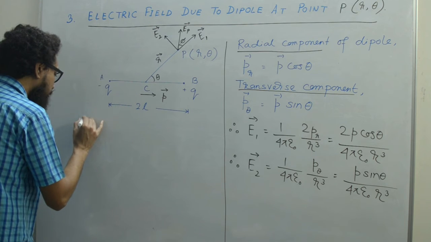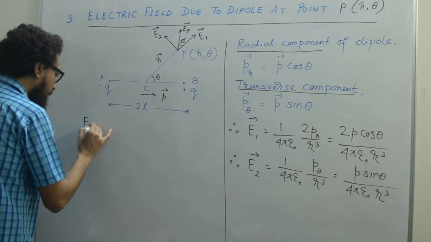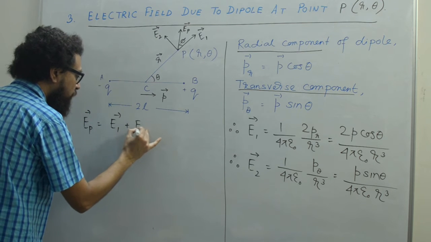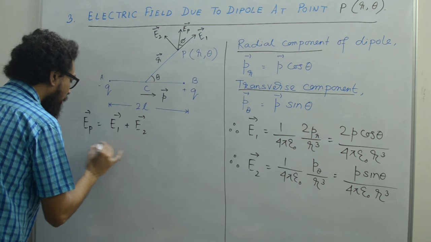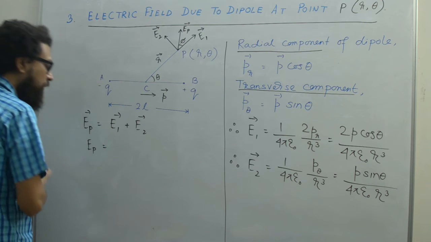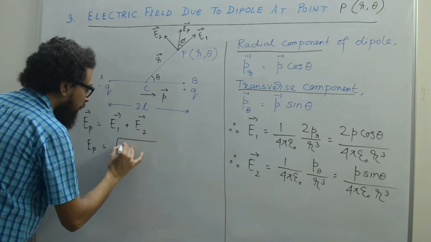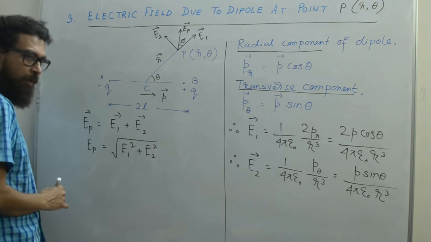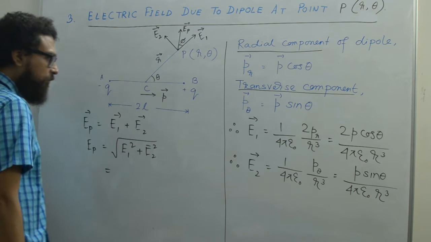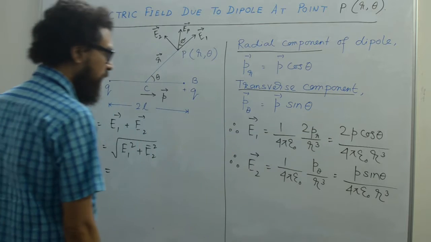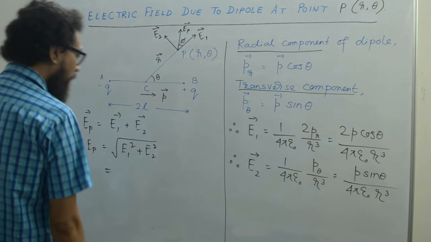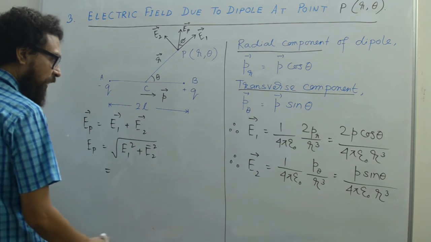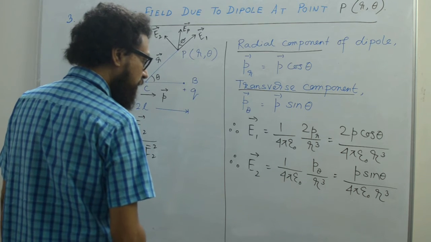Now my job is to calculate EP, and that EP is equal to the sum of E1 plus E2. These are perpendicular vectors. If you want to know the magnitude of EP, we have to simply do this as per the vector addition rule. So if you do that, you take p by 4 pi epsilon naught common.